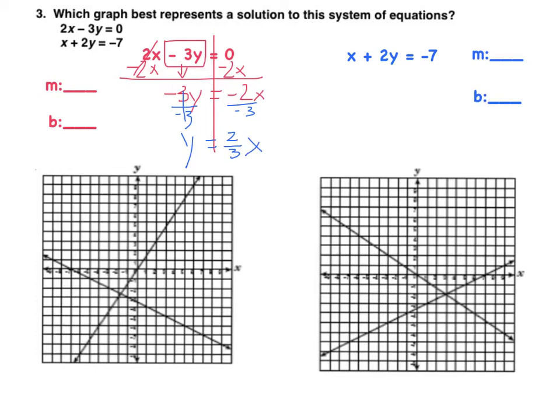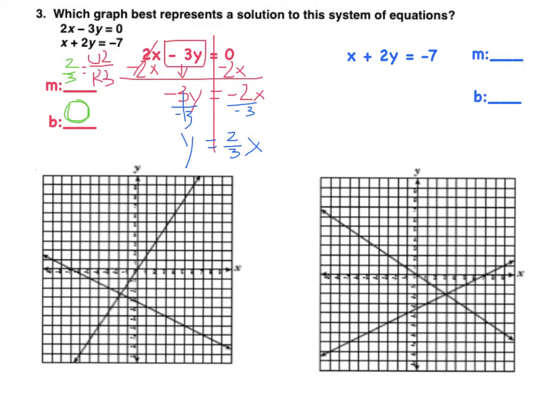Now in this, you should be able to tell me what is the slope and what's the y-intercept. The y-intercept is 0, right? The slope is 2/3. Remember, what does that slope mean if it's 2/3? Hopefully you guys recall that it means we're going to go up 2 and to the right 3.